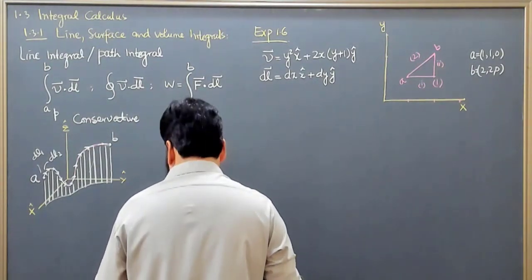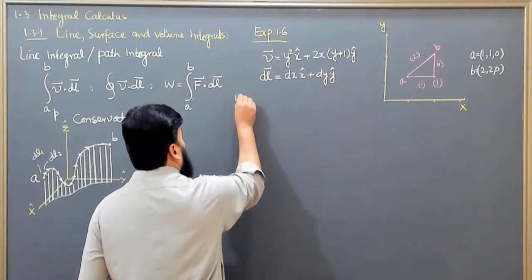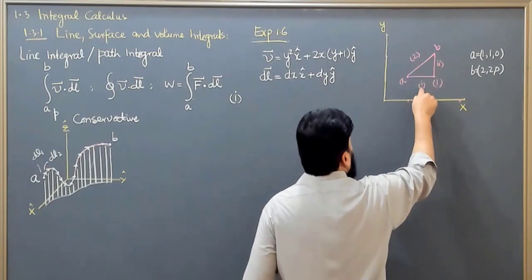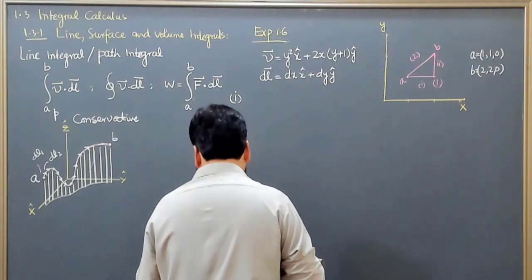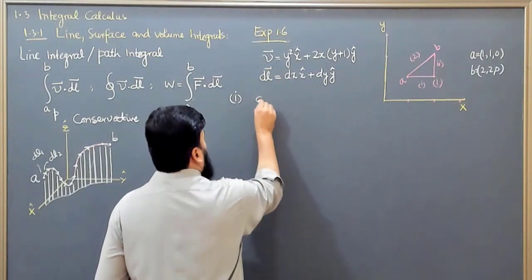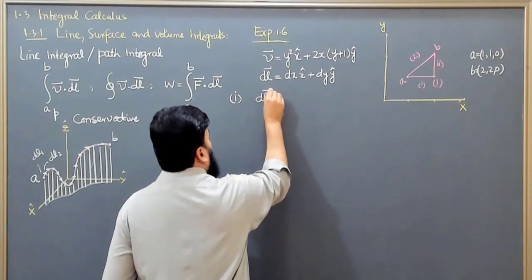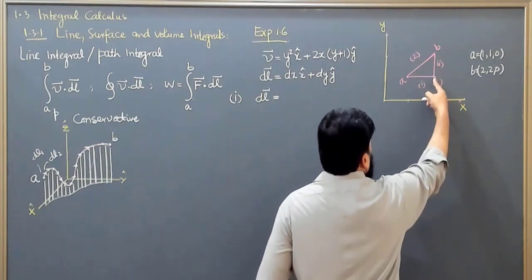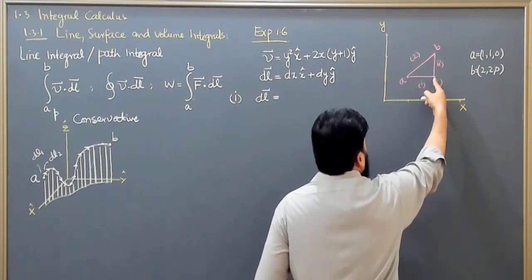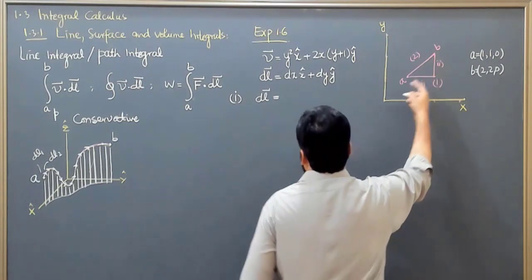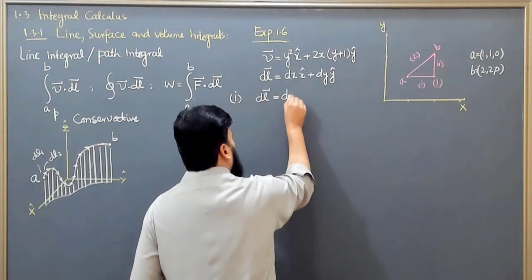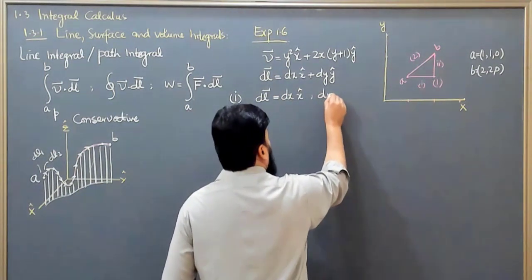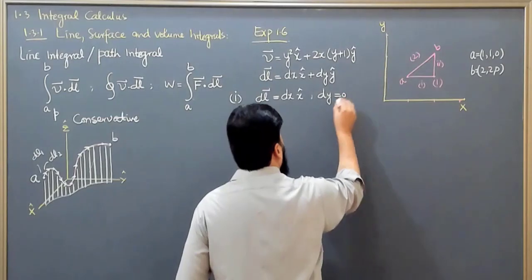Now if I consider path 1 here, meaning inside path 1 I consider this Roman 1 here, what about dl here? dl here is only going along x, so dy is equal to 0, and I have dx along the x unit vector, while dy along this is equal to 0.